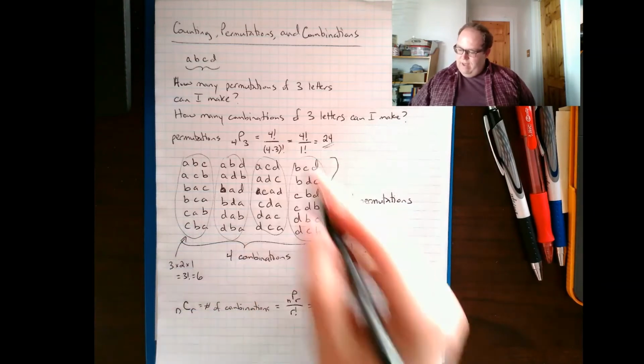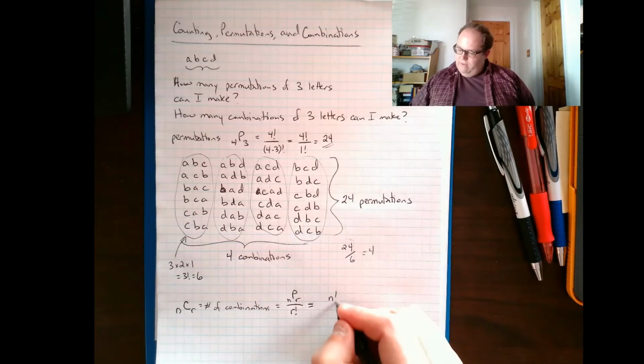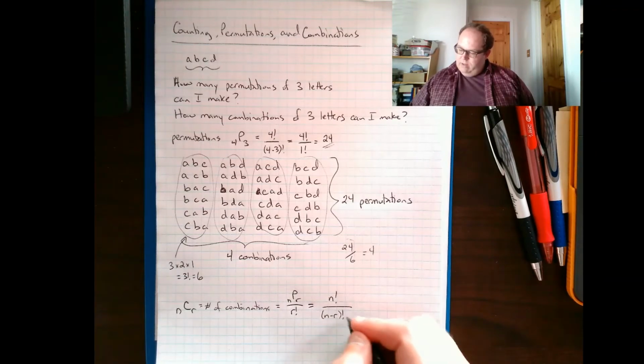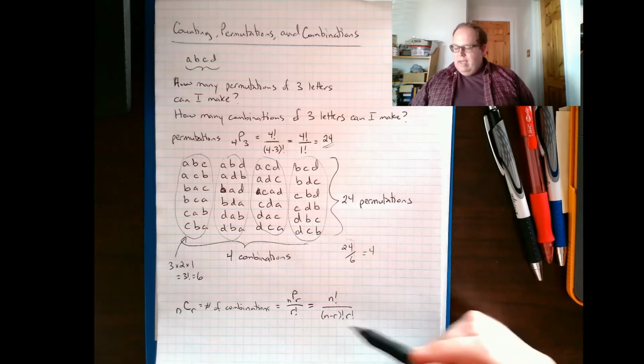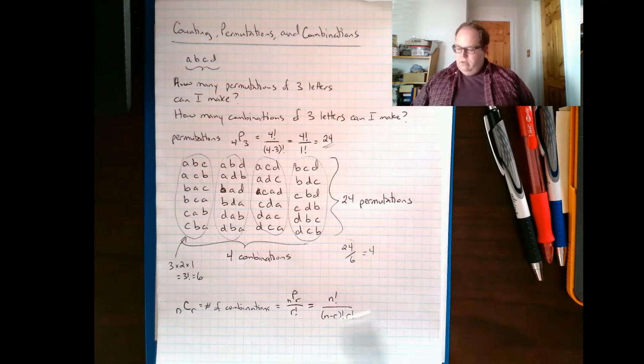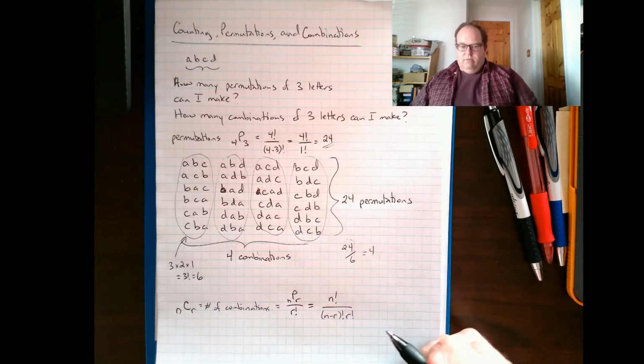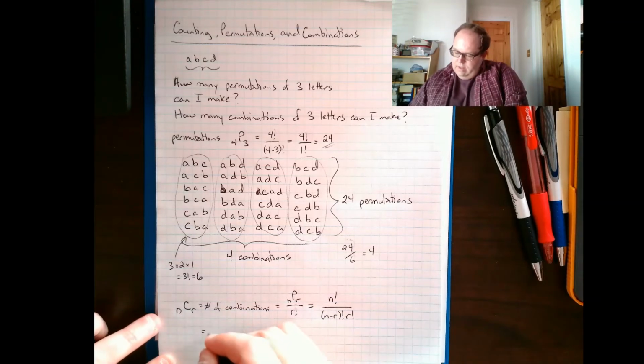If I fill in my values, what I end up with is n factorial divided by n minus r factorial times r factorial. And that tells me how many different combinations of a group of R I can take from a group of N.